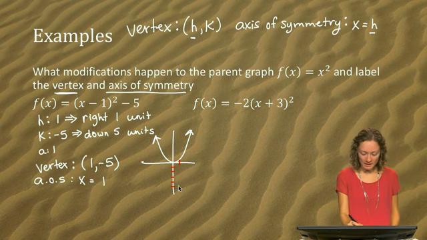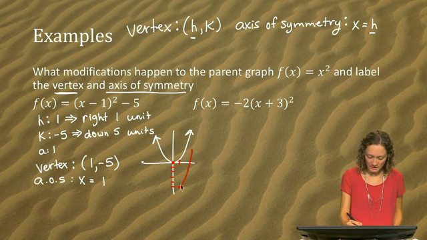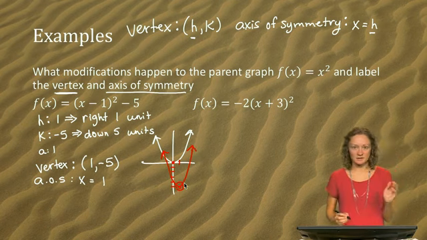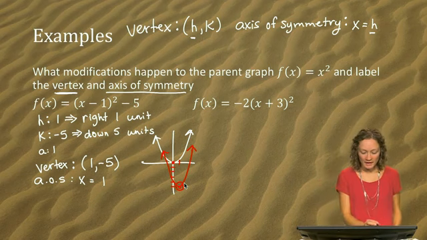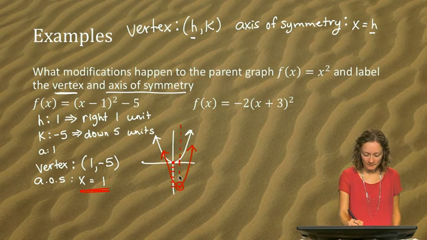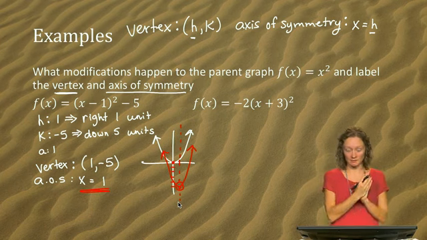Imagine that whole thing being picked up, right? This base point being picked up and moved over and down 5, so the same shape exists. The vertex is at 1, negative 5, just like you can see. That's exactly the movement that happened. And then your axis of symmetry, when we refer to x equals 1, we're referring to this line, this dotted line where the graph would clearly fold over on top of itself.